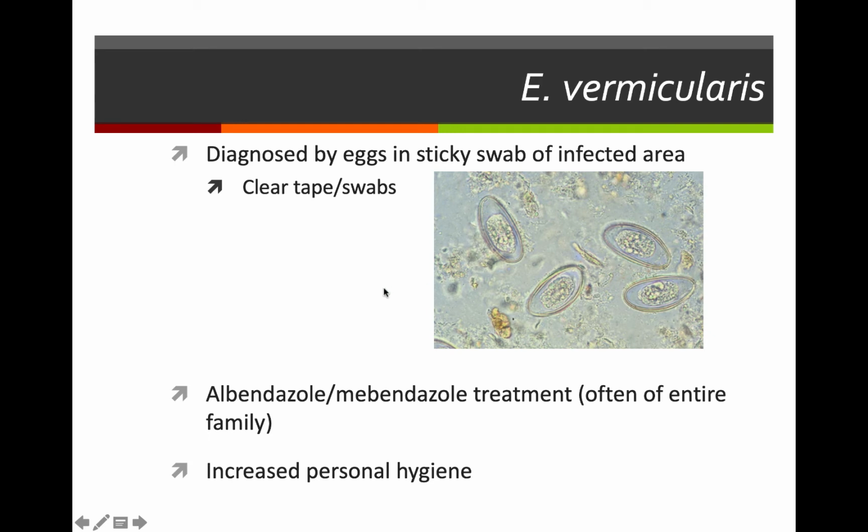Sometimes what physicians will recommend is literally just taking a piece of tape to the perianal region, putting it there at night, and then when the worms come out and lay their eggs in the morning, you'll be able to see the eggs on the tape. You may or may not even capture one of the worms on there. So that's a lovely image.